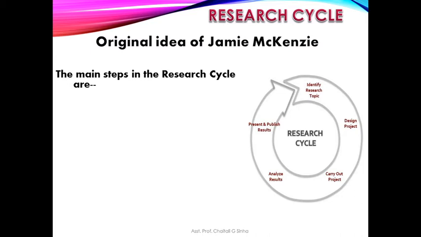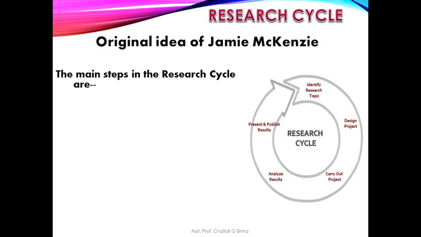And when you reach an answer, you again put forward some hypothetical propositions and start working again. So research is a non-ending process which goes on and on, because new recommendations of new researchers always come through the research done earlier.